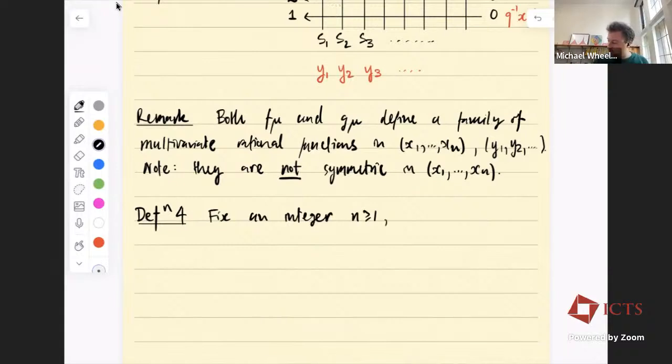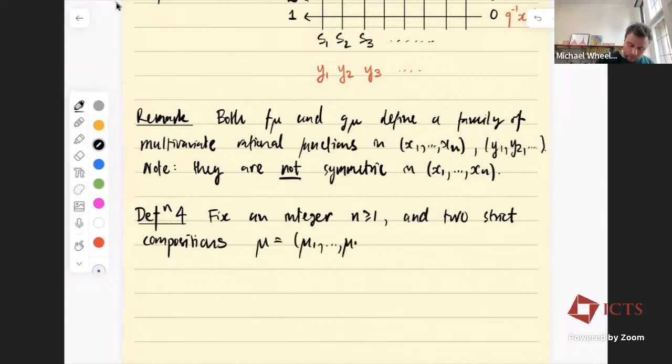And now we're going to have two strict compositions. Which I can write mu1 up to mu(n) as previously, and the second one I'll use nu as the letter.